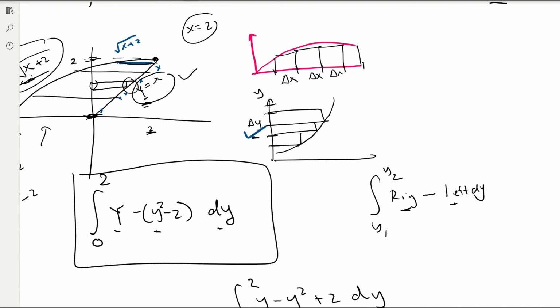But when you need to find the right y function and left y function, if x is not the subject, you have to make the subject of the equation to be x and write the function in terms of y. Okay, right. So that's the idea.